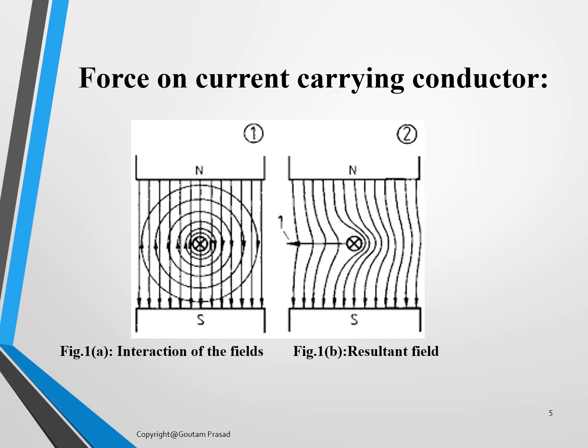You can see the magnetic field caused by the current carrying conductor is interacting with the magnetic field caused by the permanent magnets, and the result is that the straight magnetic lines of force caused by the permanent magnets are getting distorted.